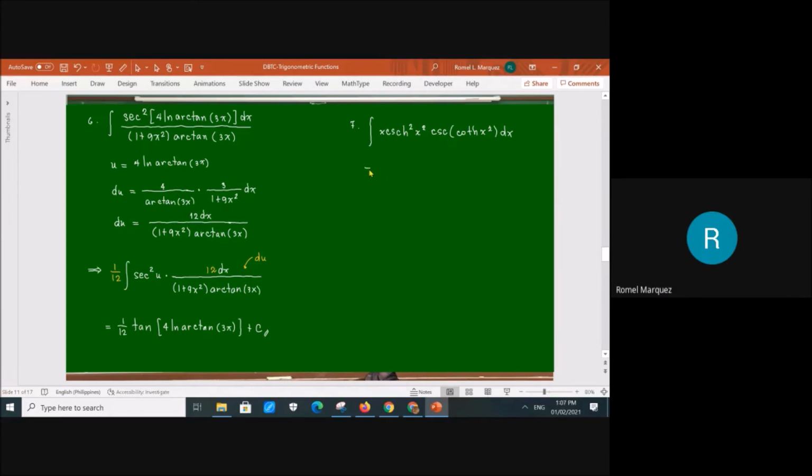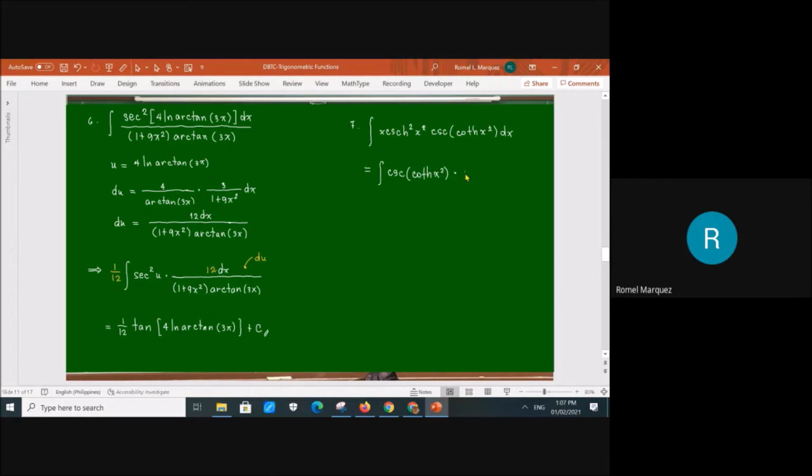Let's put this first in a proper form. We're going to begin with cosecant, and its argument is hyperbolic cotangent x squared, and the derivative of hyperbolic cotangent is related to hyperbolic cosecant squared, and the derivative of x squared is related to x. So I'm going to put these remaining quantities to be part of the dx, and that's a potential du later.